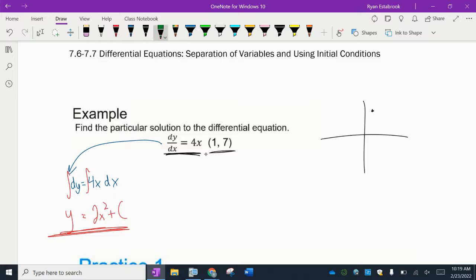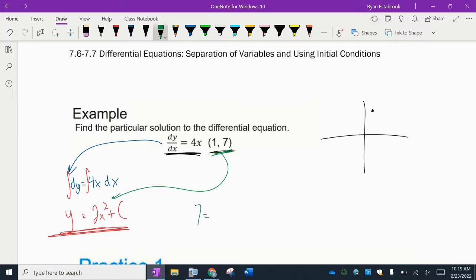Now to get more specific, like which y equals 2x squared should we graph? Here's y equals 2x squared, here's y equals 2x squared, there's y equals 2x squared, all plus or minus some different number. Well, we have to take the one that goes through the point (1, 7). How are we going to figure out the c value? Plug it in, so we can find the specific c value that's going to make this y equals 2x squared go through the point (1, 7).